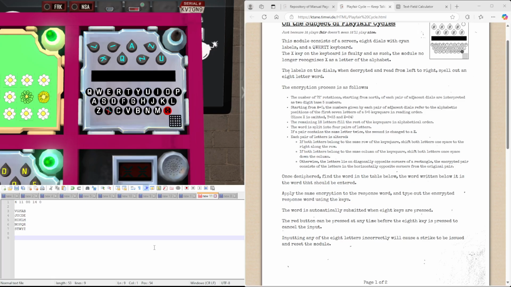LK. So it's usually one to the right, but we're decrypting, so we're going to be shifting that back along.